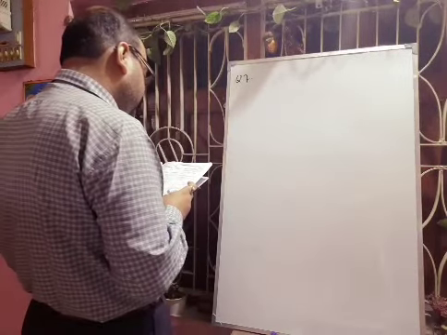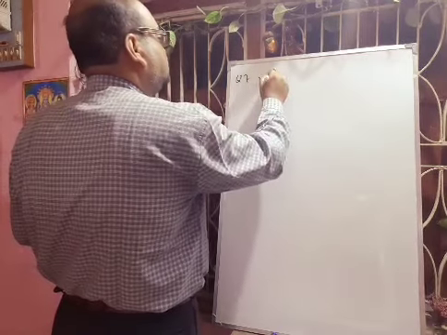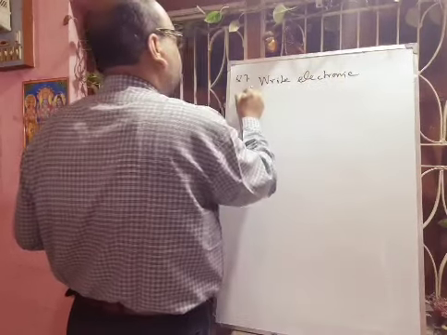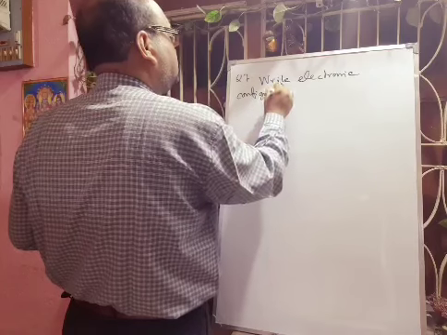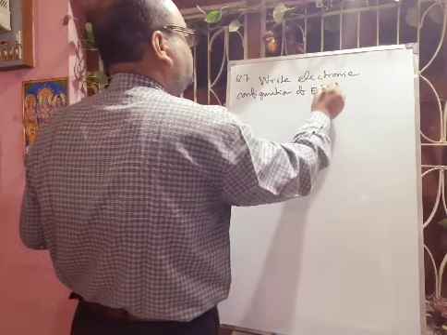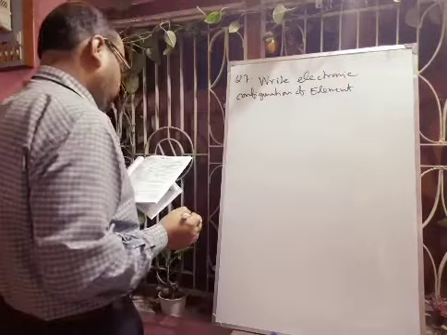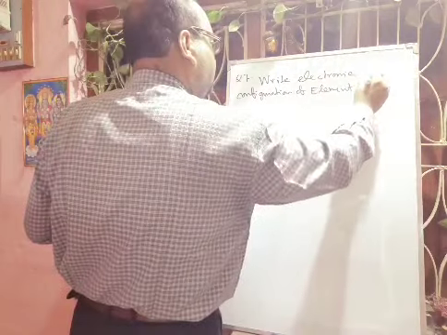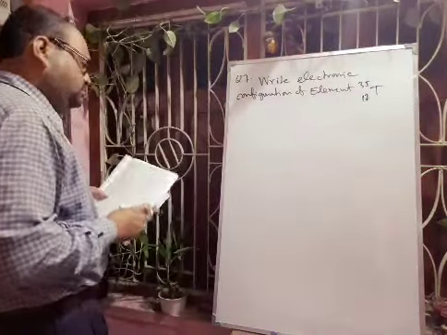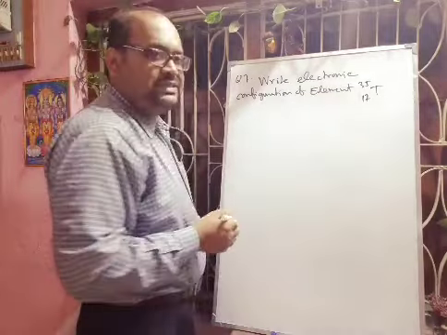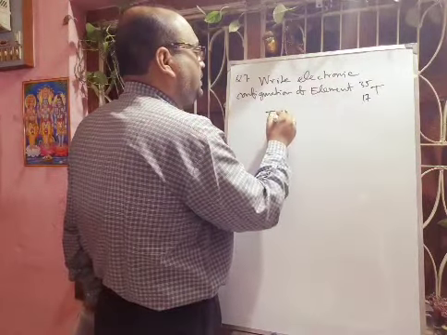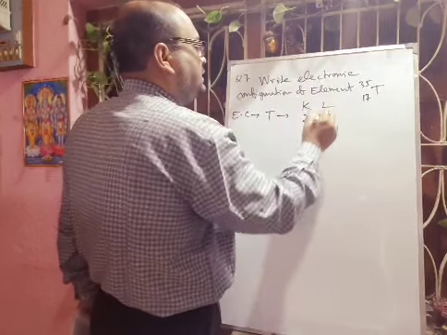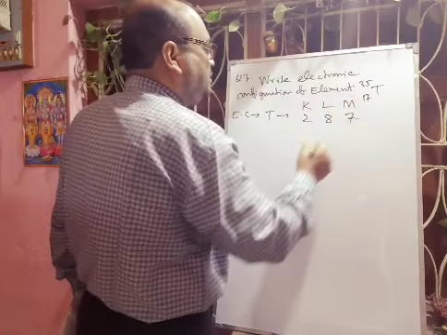Write the electronic configuration of element T 17 35. Okay. So definitely the total number of electrons will be 17. So the electronic configuration of T will be: in the K shell there will be 2 electrons, in the L shell 8 electrons, and in the M shell 7 electrons. This is the electronic configuration.